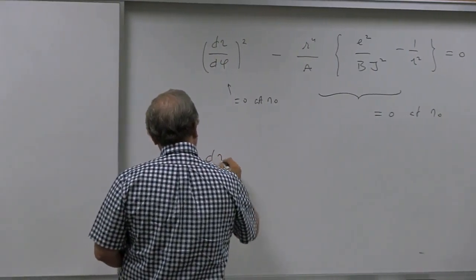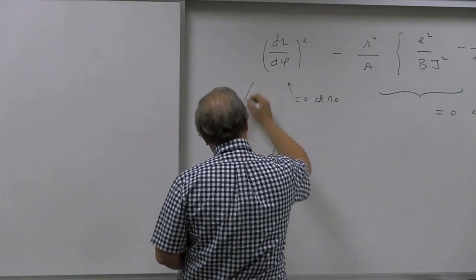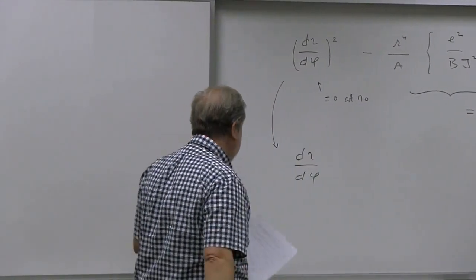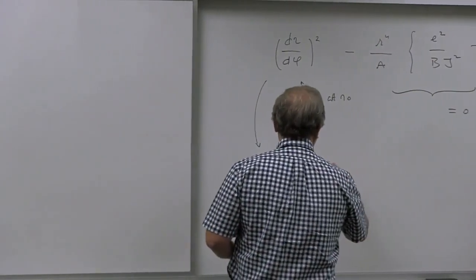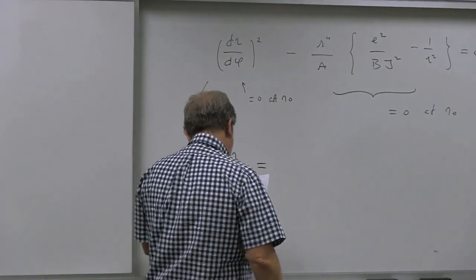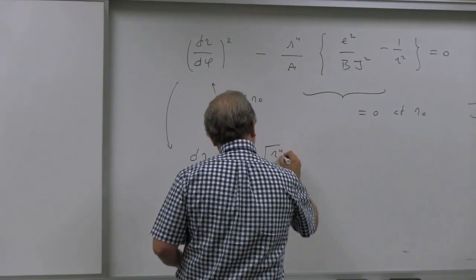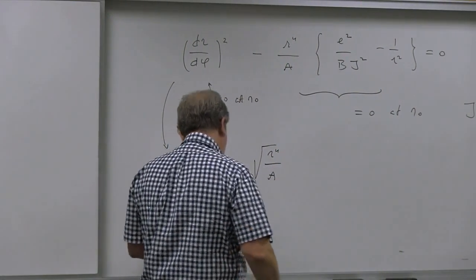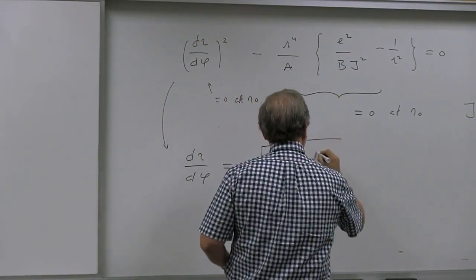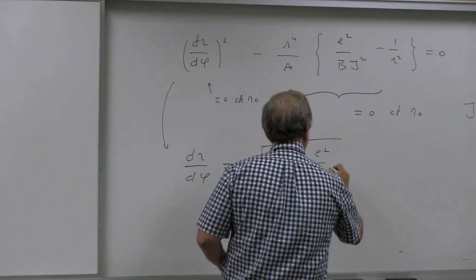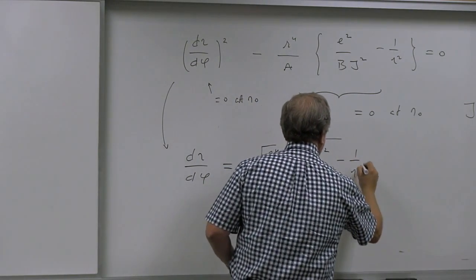Now we take the square root of this, so dr by d phi is equal to plus or minus the square root of r to the fourth divided by a times the square root of the whole thing, e squared divided by b, j squared minus 1 over r squared.